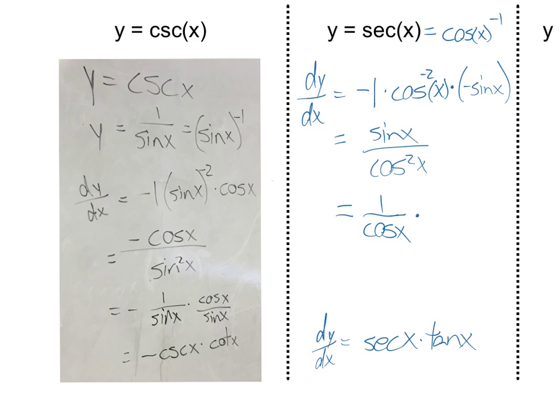And if I do that, 1 times sine would give me sine, and cosine times cosine would give me my cosine squared. So that's where I get the secant times the tangent. So, the derivative of cosecant is negative cosecant times cotangent. The derivative of secant is secant times tangent.